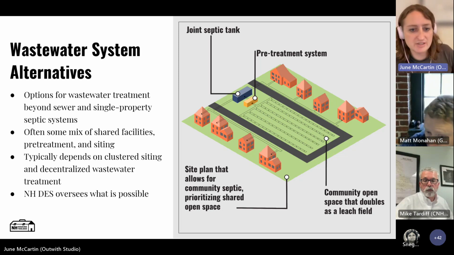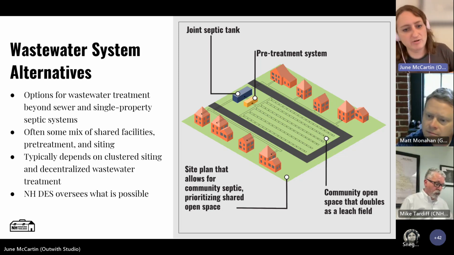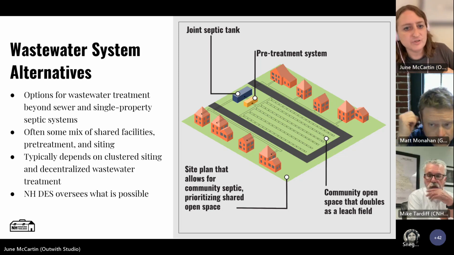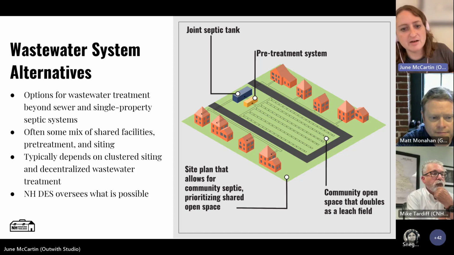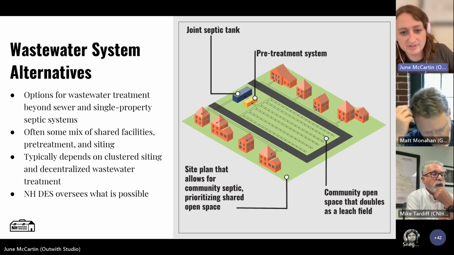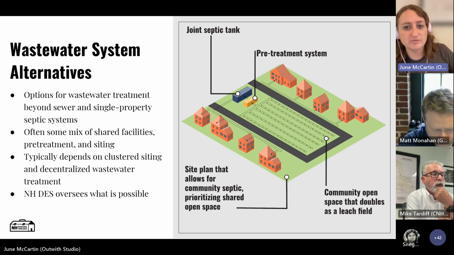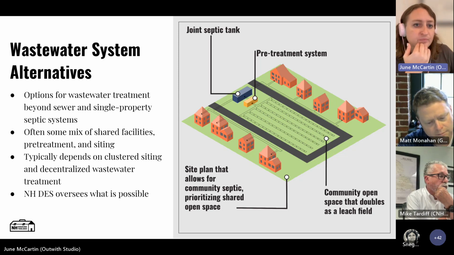Three kinds of approaches to work around that, and these things work together. Site design, such that you can make use of large green spaces for some sort of shared septic system, which concentrates the wastewater and then puts it into a leach field.